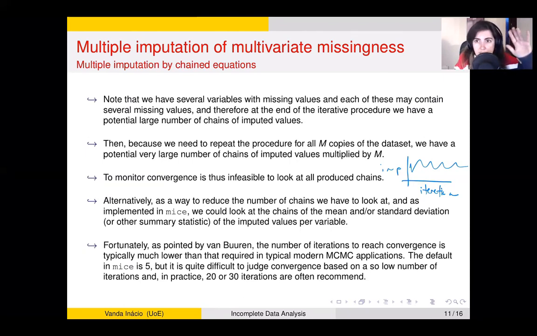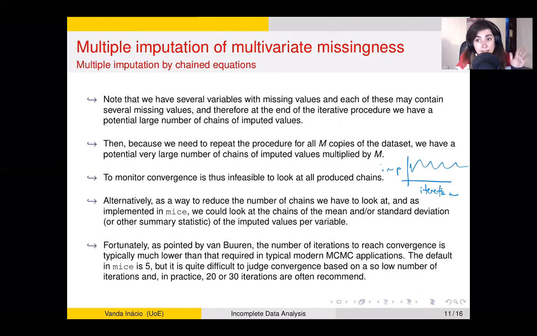Remember, I had, say, 5 missing values. Rather than looking at the chain of all the 5 missing values, I look at the chain of the mean and the standard deviation. So I don't need to look at 5 chains, I look at 2, and the same for y2. And of course, this leads to huge savings when I have several variables and many missing values.